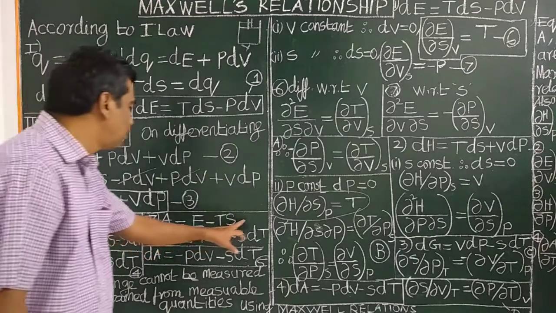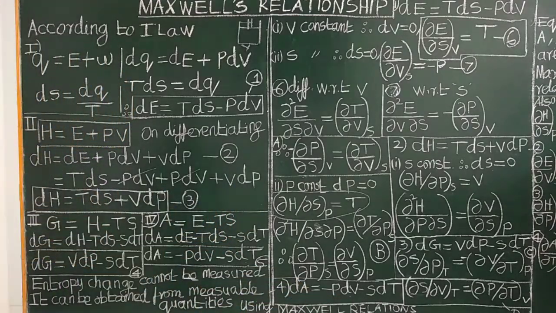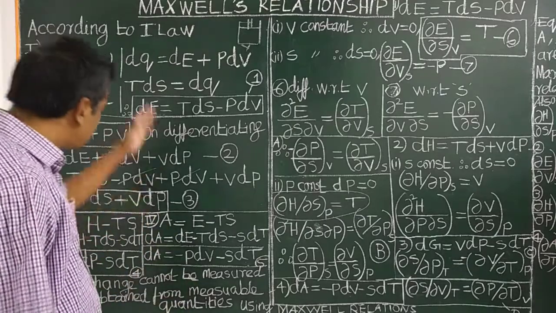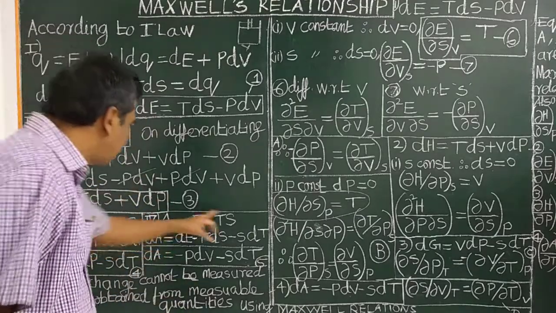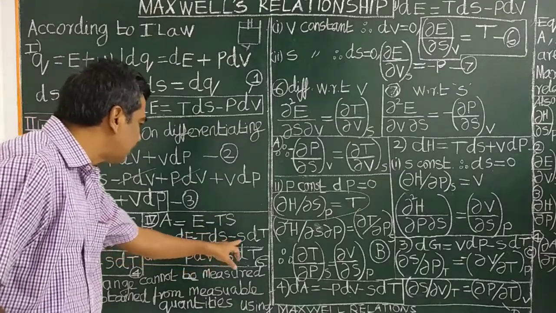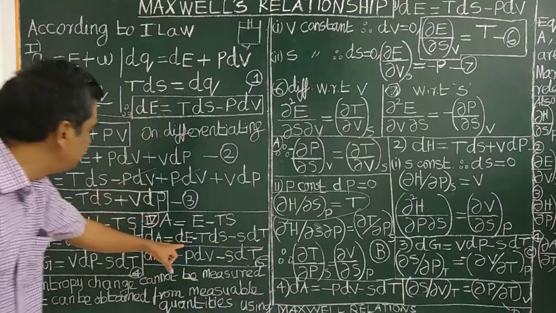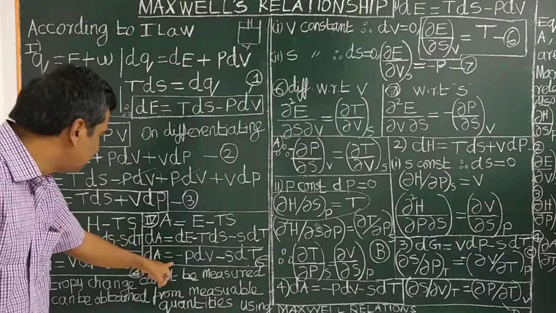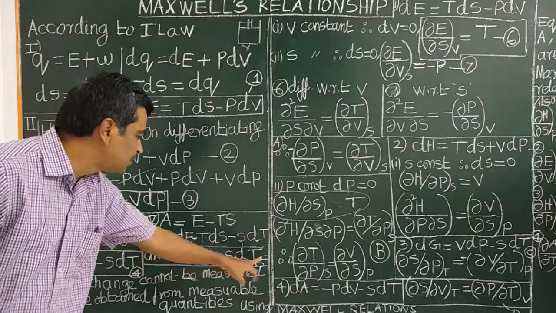Next, A equal to E minus TS. Very simple, the same. Then on differentiating this expression, dA equal to dE minus TdS minus SdT, and you know dE, so substitute. Then dA equal to minus PdV minus SdT.